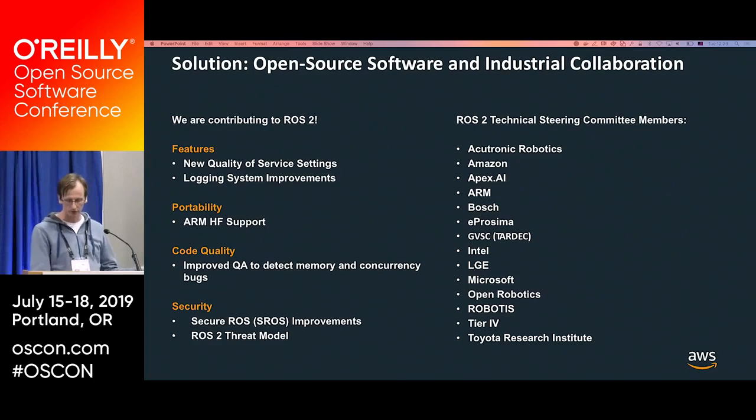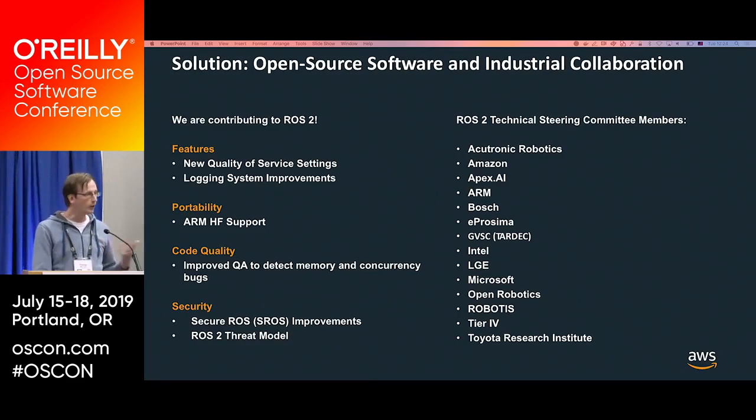ARM is doing that, Bosch is doing that, Intel is doing that, Toyota, Microsoft, and so on. So you can see that all of the community is assembling and aligned behind this platform to try to do something which is really going to shift the state of the ecosystem in the future, which is having one single place to build reusable robotic components.